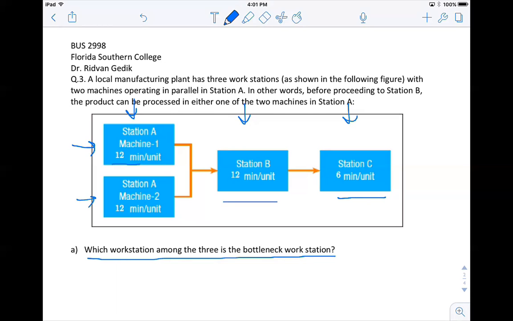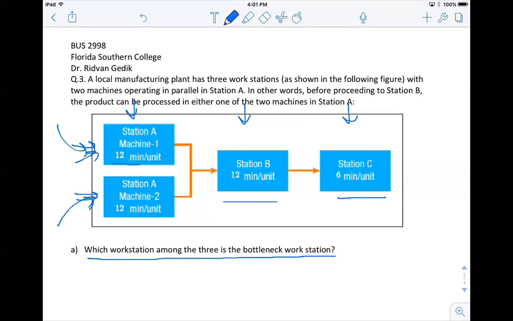If you look at the first workstation, we have 2 same machines. Assume that we have a consistent, non-disrupted flow coming into machine 1 and machine 2.